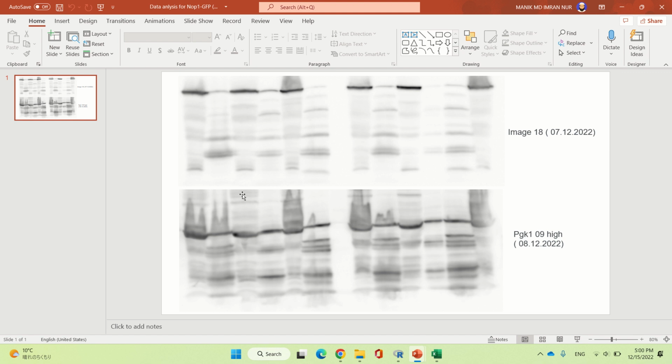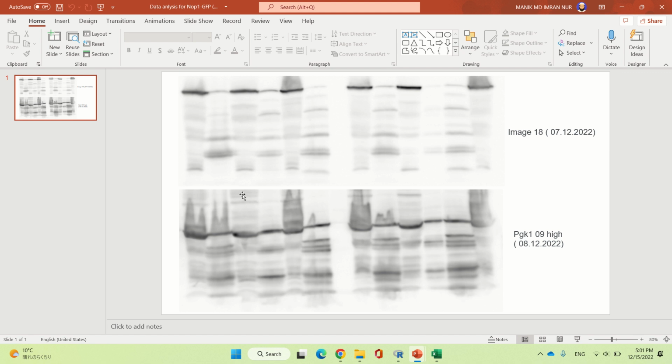The cell included protein in the GFP as a full length, as a fluorescent one. Sorry. The expression level, protein expression. The sum of the full length and the free GFP is the expression level.